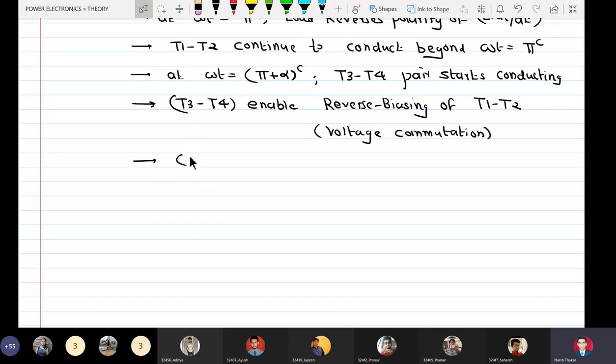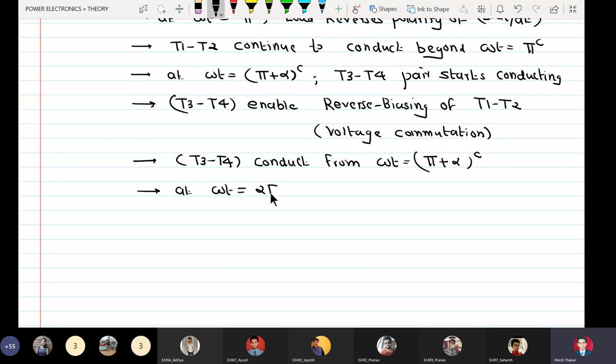So again, T3 T4 conduct from omega t equal to pi plus alpha. At omega t equal to 2 pi radians, the positive half cycle starts.